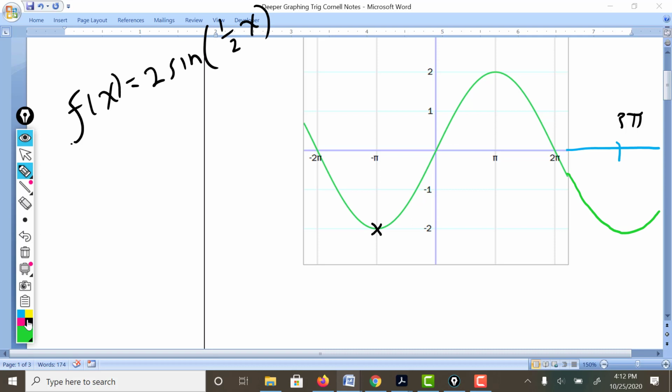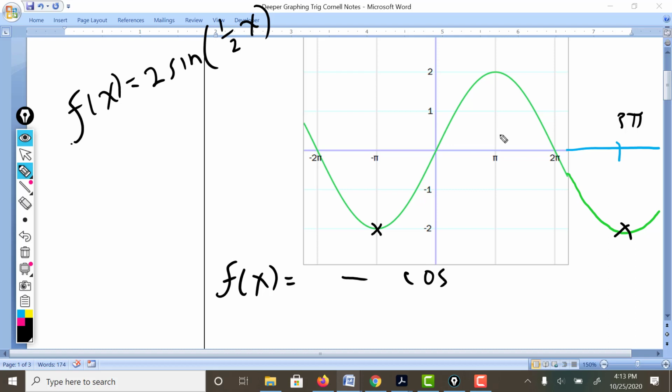Keep going. From here to here would be the cosine. And it's not only a cosine, it's a negative cosine, right? It's inverted. Because if it were a regular cosine, it would look like this. All right. Now, what we're looking at is f of x, a negative cosine.